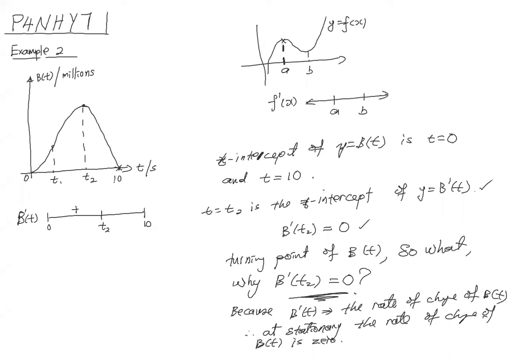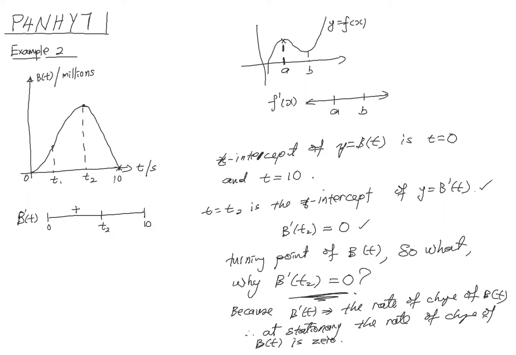Okay, why did you choose positive, Cindy? Because the graph is going up. Correct. Because the graph of BT is going up, that shows that BT is increasing. So increasing must have a positive rate. Am I right?